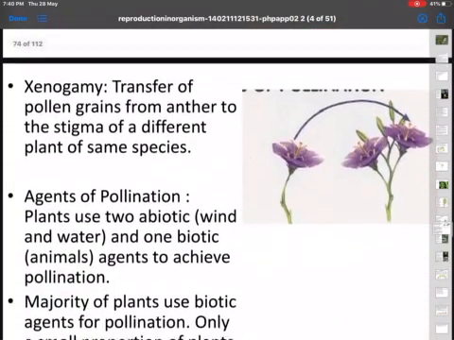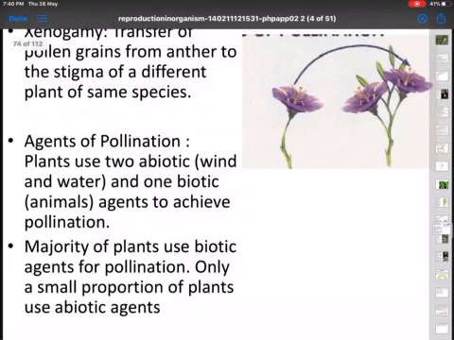Xenogamy, here, transfer of pollen grains from anther to stigma of different plants, but again, the species should be the same. So, for all these transfers of pollen grains from one plant to another plant, from one flower to another flower, or within the same flower, the pollen grains require some agents to move, and we call these pollinating agents.